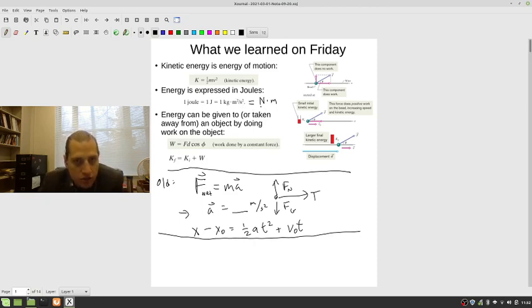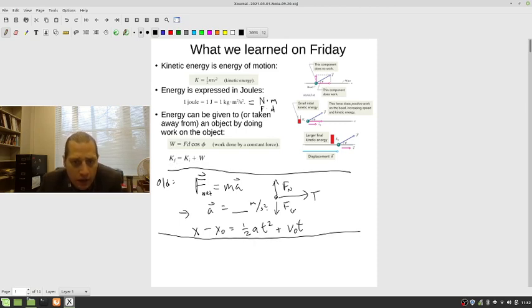But a Newton times a meter should give us a force times a distance. And what we showed last time with the work-energy theorem is that the amount of work that you do on an object is how much energy is added to it. So if you have a certain amount of kinetic energy at the beginning, you do some work on the object, you end up with a different amount of kinetic energy at the end.